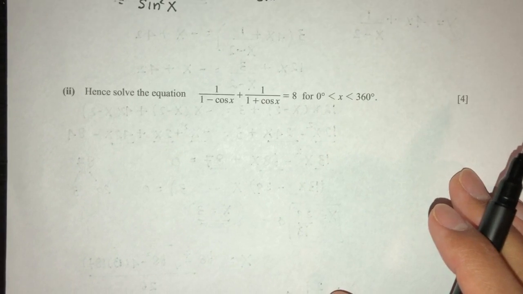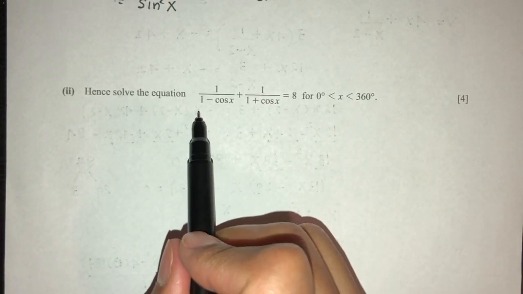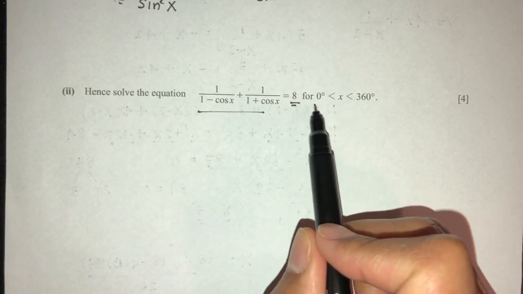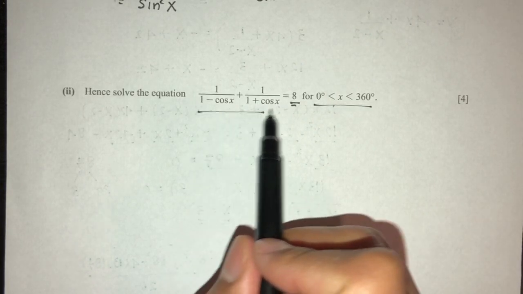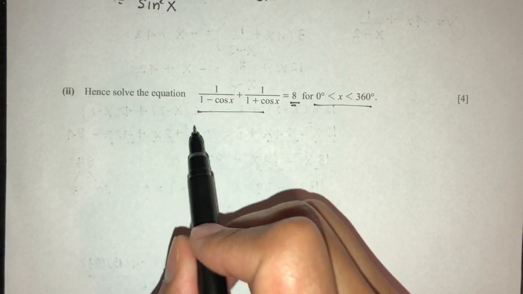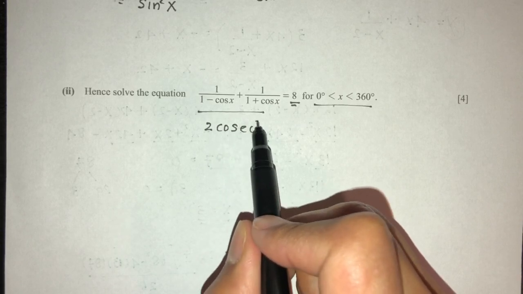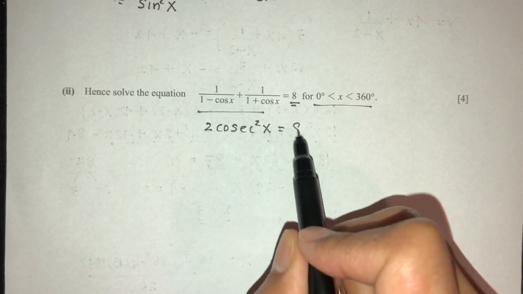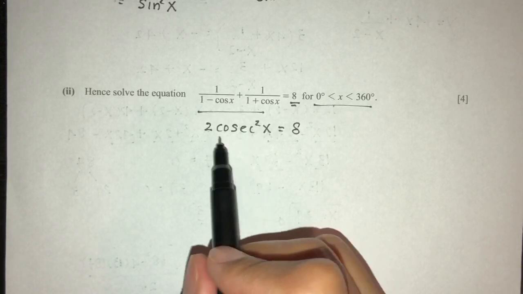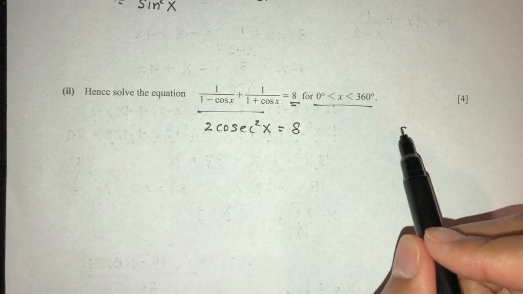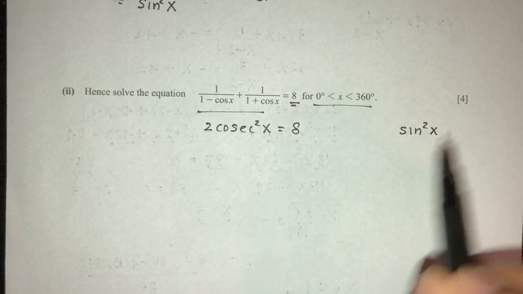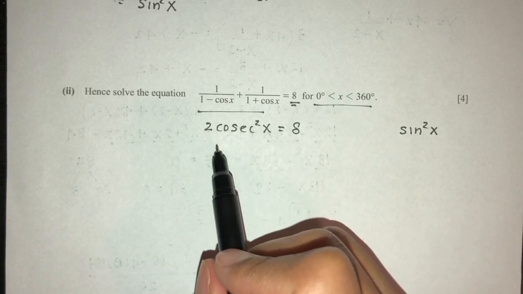Now for part 2, we have to solve this equation. This is equal to 8. As you have seen from part 1, this becomes 2 cosec squared x equal to 8. Now replace this back by sine squared of x.